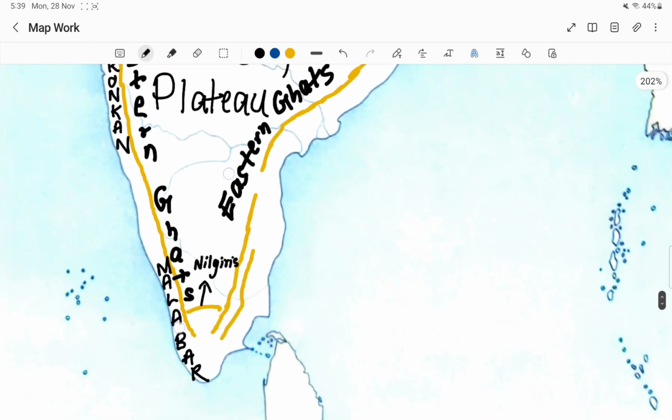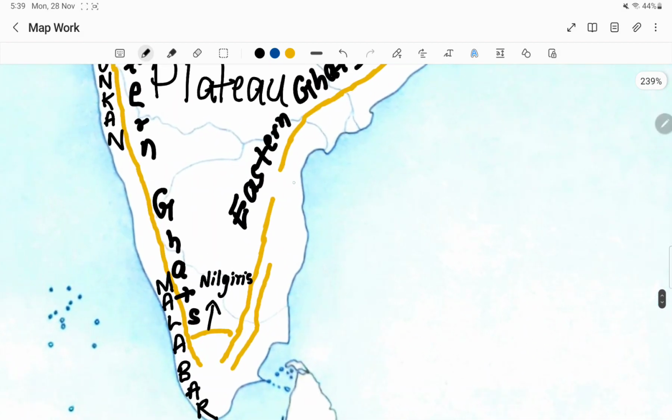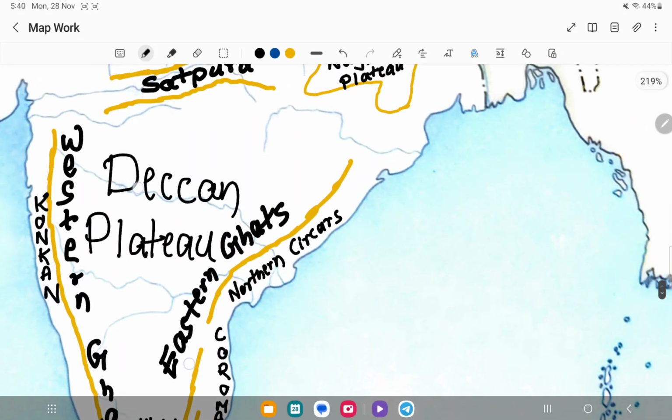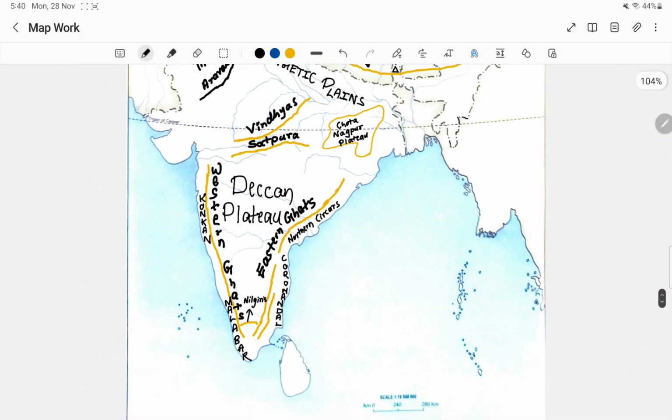Again, a very repeated question of board exams. So here goes the Coromandel coast. And the last coastal plain, that is the Northern Sircars. So this completes the topic of coastal plains.